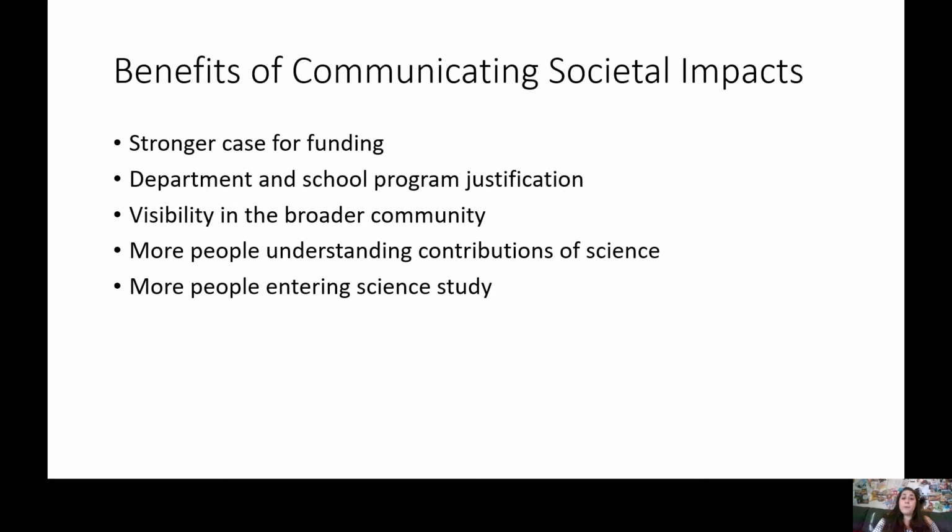People having a better understanding of science means generally bigger science budgets, and more people understanding where that money is going. Also, more people may be entering the field where they found something of interest in your work.